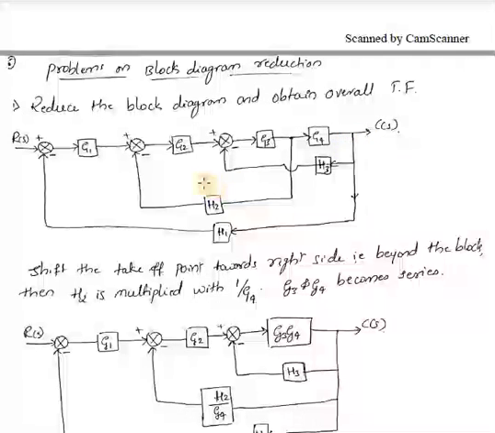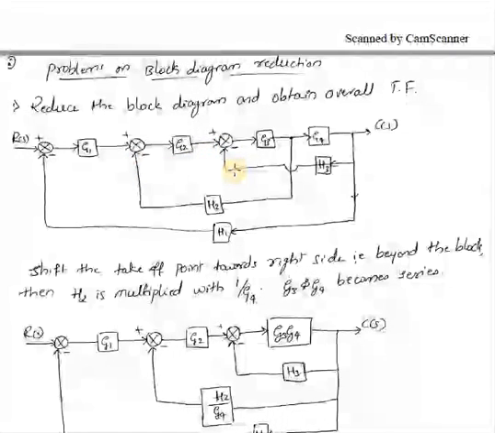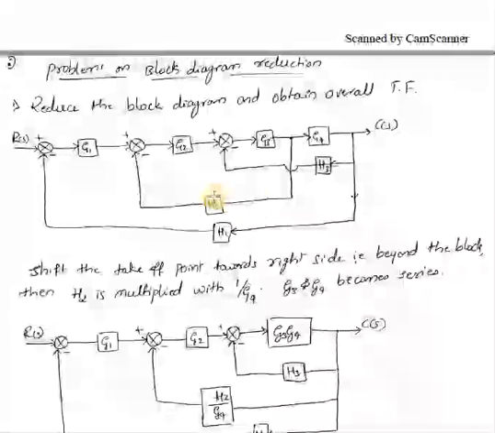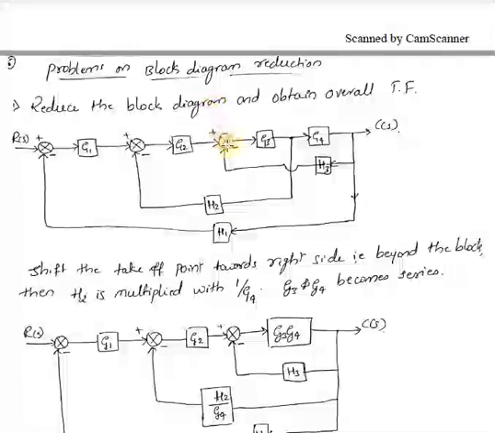Otherwise, what I can do, I will shift this summing point here, then I will take these in series, then I will interchange these signs. There are n number of ways to solve the problem, but try to solve the problem in a simple way, because if you are going to shift here, again you need to make some changes to this one, then you need to interchange these signs. It will be difficult.